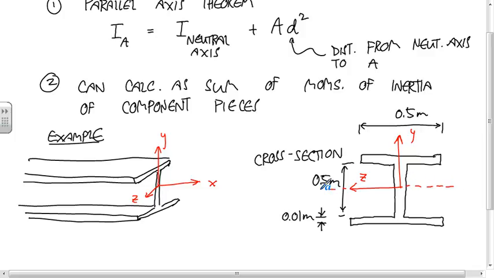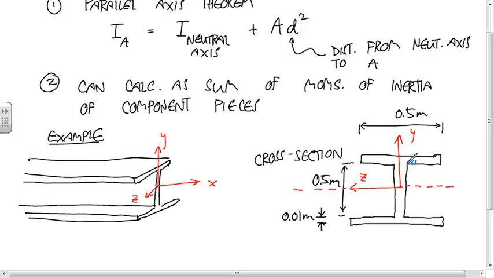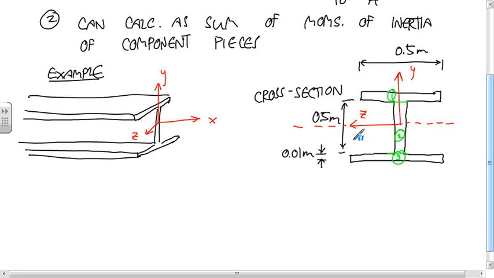So this is the neutral axis, and the z-axis points along the neutral axis. Let's break this up into 3 rectangles. I'll call this one 1, this one 2, and this one 3. I'm going to calculate the moment of inertia of each of these component rectangles.